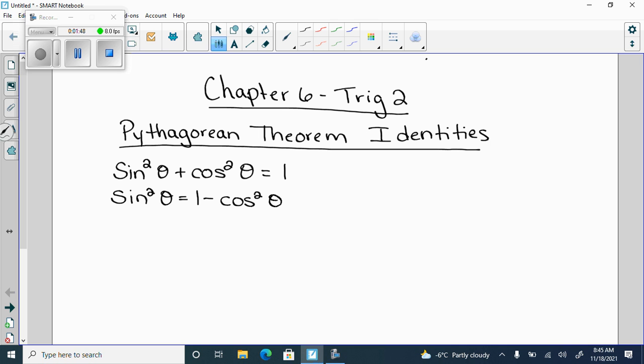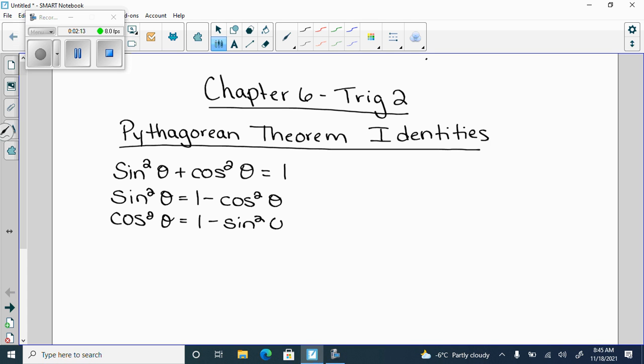And we're going to be using these in a little bit. So if we ever see 1 minus cos squared theta, we can toss it behind our heads and replace it with sine squared. Or if we see sine squared, we can replace it with 1 minus cos squared. Most often, you're replacing 1 minus cos squared with sine squared. This happens in proofs. We could also have subtracted the sine, and we'd have cos squared theta equals 1 minus sine squared theta.